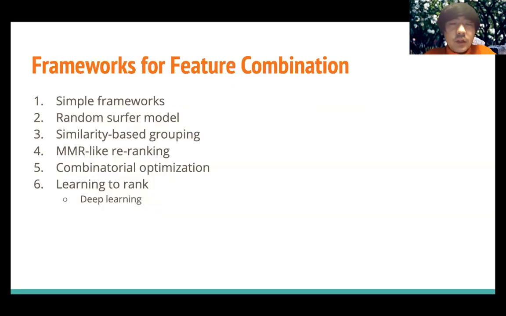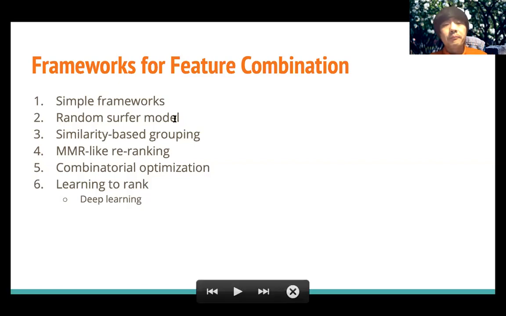Basically, we divided the existing frameworks into 6 types for combining multiple features in different ways. We will firstly look at some simple frameworks, and then we move to a random surfer model. These 2 models are basically very simple and maybe not very effective.